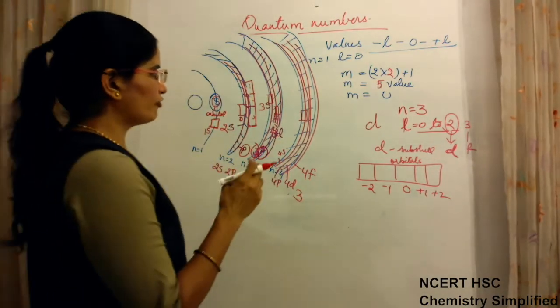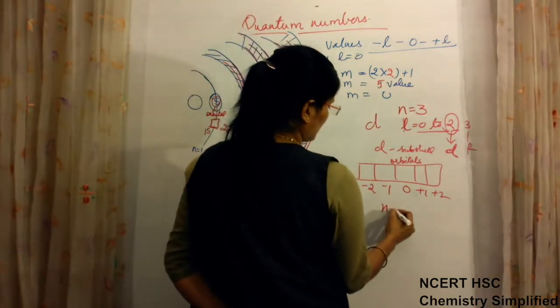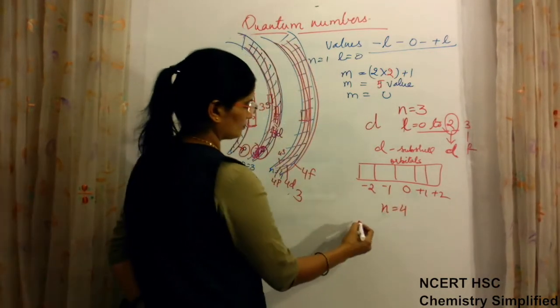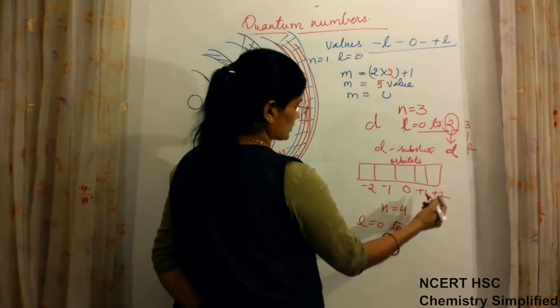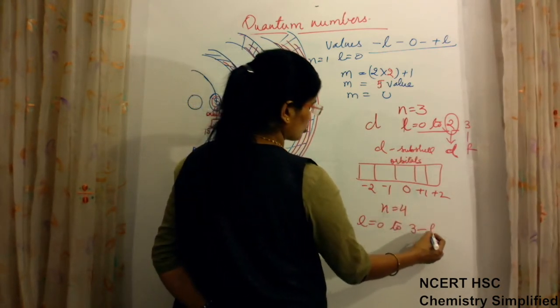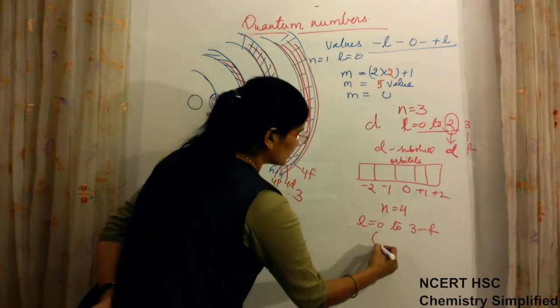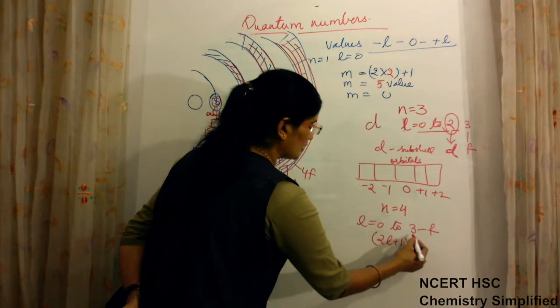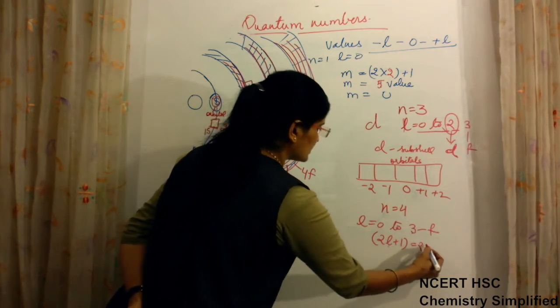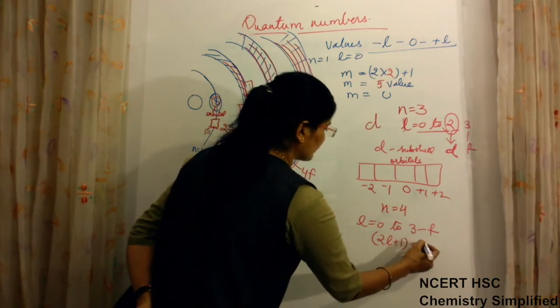Okay. And for n is equal to 4, L is 0 to n minus 1, that is 3. 3 corresponds to f. So those values are 2L plus 1. That means with L value 3, 2 into 3 is 6, plus 1, that is 7.